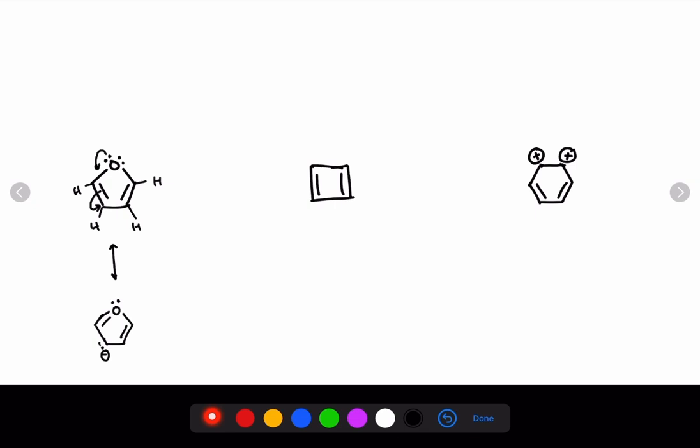Now the oxygen has 3 areas of electron density, so it is sp2. Now we can also assume that the first resonance structure is flat. So the first 2 checks are satisfied.